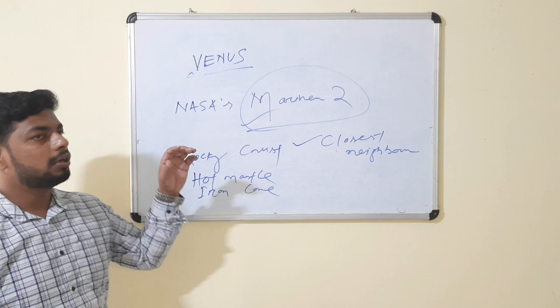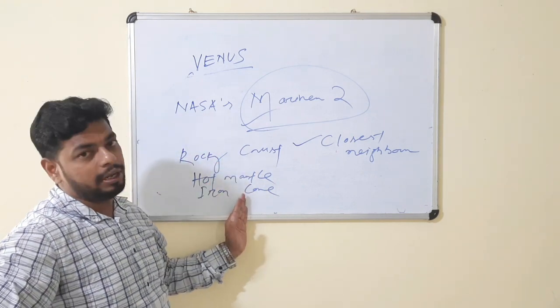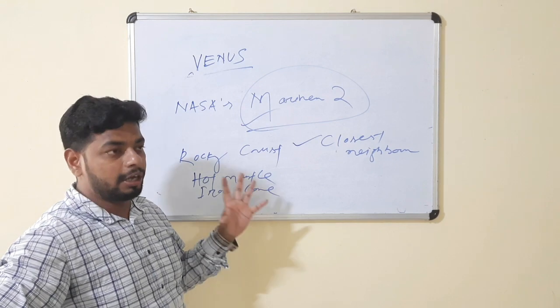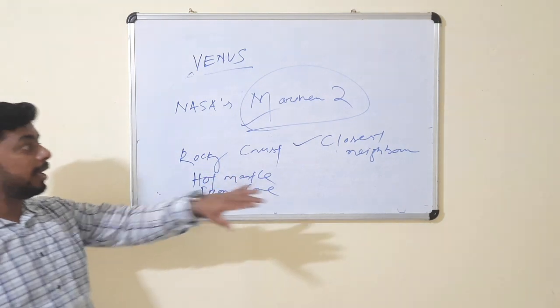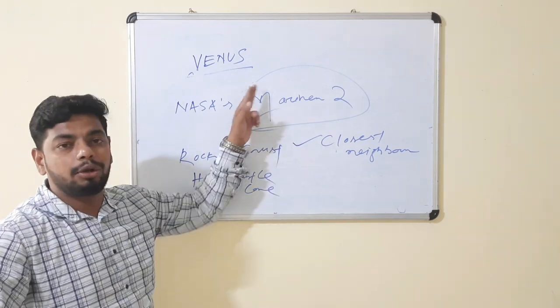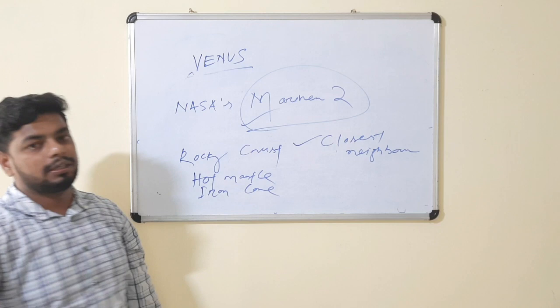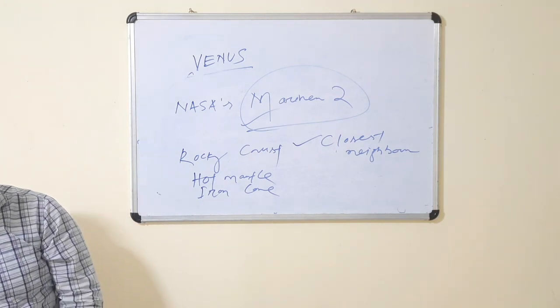Then we understood that life is not possible on Venus because of the extreme temperature. It is the hottest planet because it has a dense atmosphere. So far human beings have not reached Venus, but NASA's Mariner 2 has.